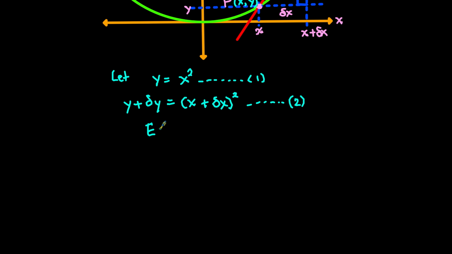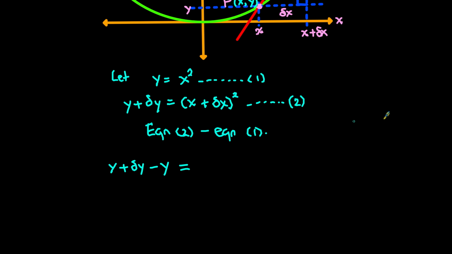So we say equation 2 minus equation 1. Let's consider the left hand side of equation 2, with quantity y plus delta y, minus the left hand side of equation 1, which has the quantity y.